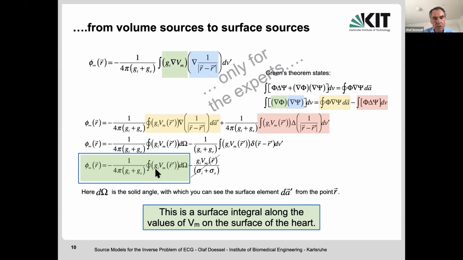And this is possible if we have a scalar conductivity tensor, and it might also be possible if you have equal anisotropy ratios. Then you can replace all the sources by the sources on the surface, and that is the transmembrane voltage on the surface. And this is the solid angle from the electrode to this area on the heart, and you just multiply here, and then you get the electric potential.